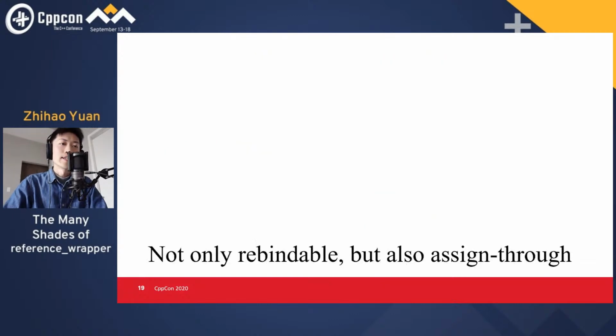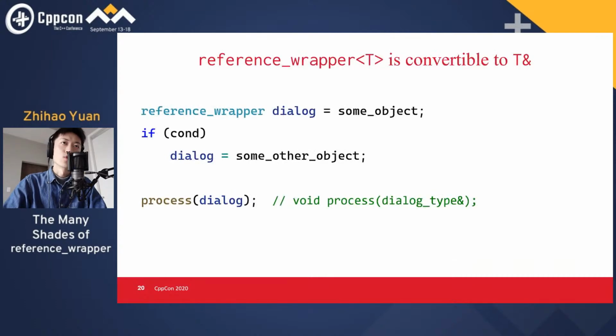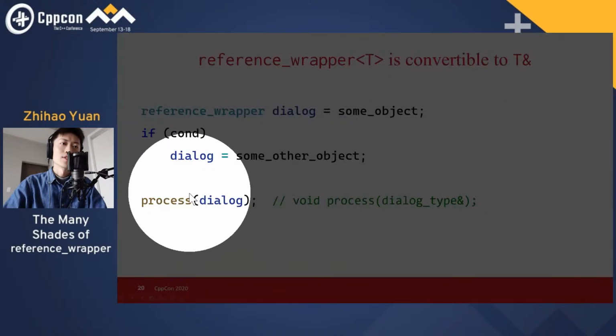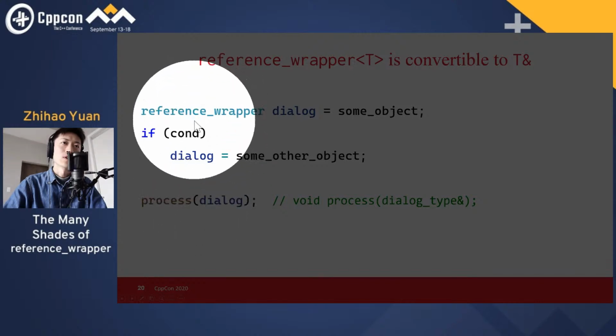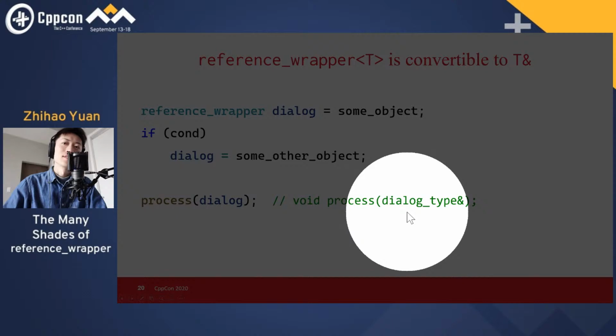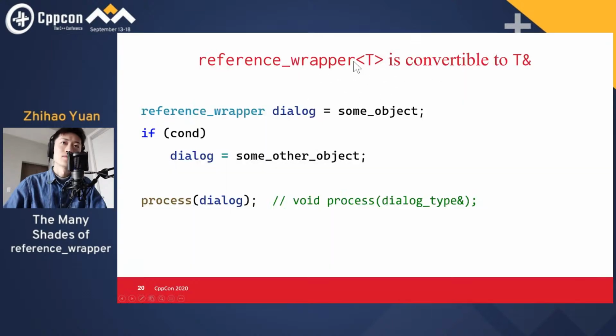Reference_wrapper is not only rebindable. It also does assign through. So if we bring back the previous example, you will notice that this line compiles while we are changing auto& to reference_wrapper. This is because reference_wrapper<T> is convertible to T&.